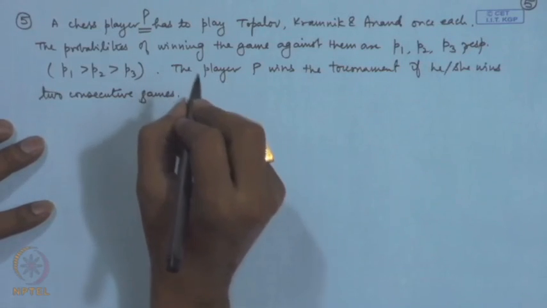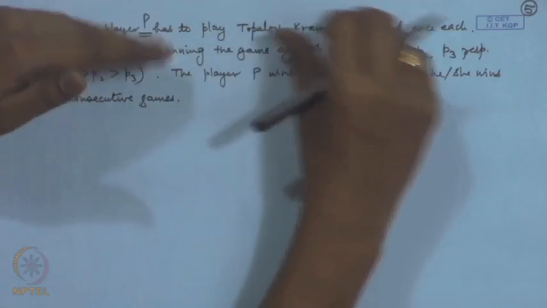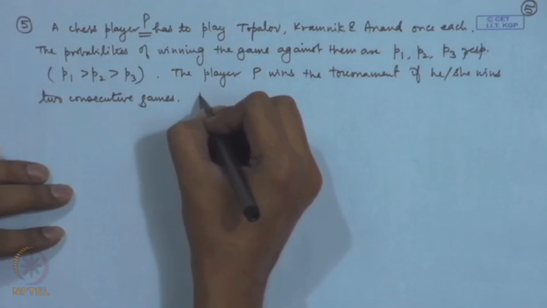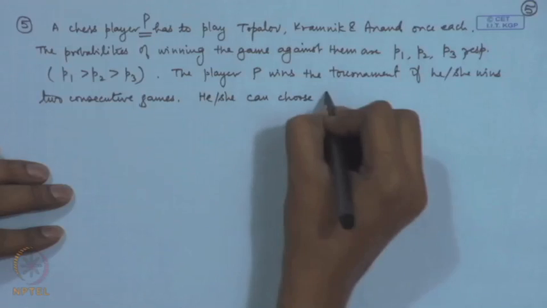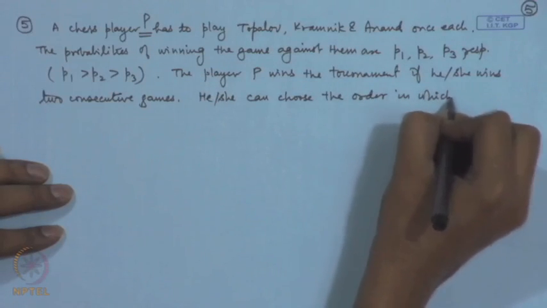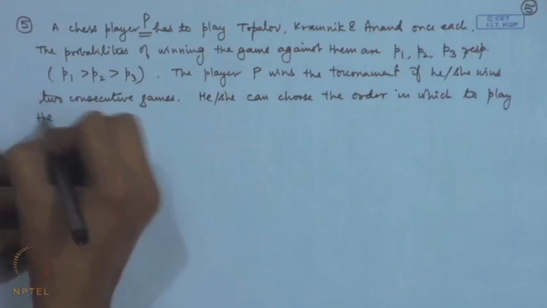I want to calculate that what is the highest chance of winning the tournament, because there can be various possibilities. He can play the players in any order. So, he can choose the order in which to play the 3 games.